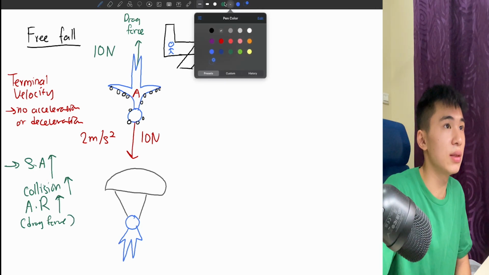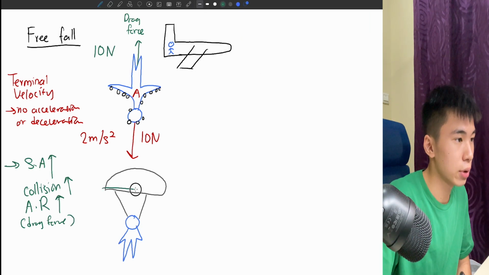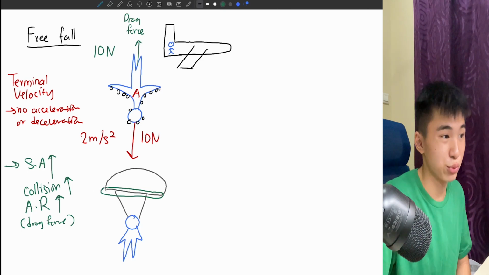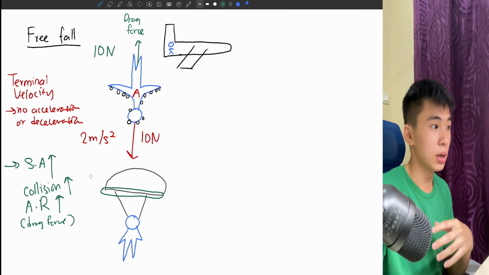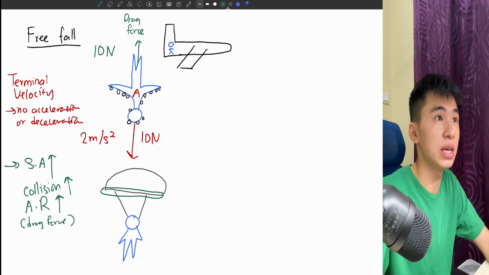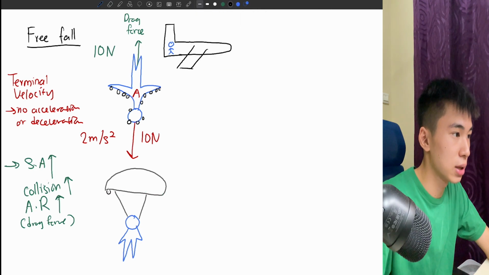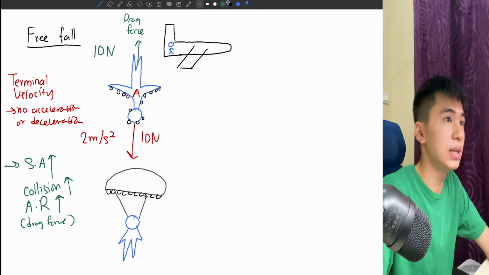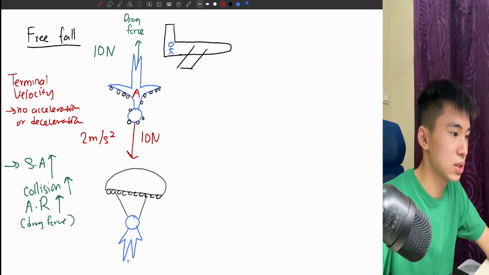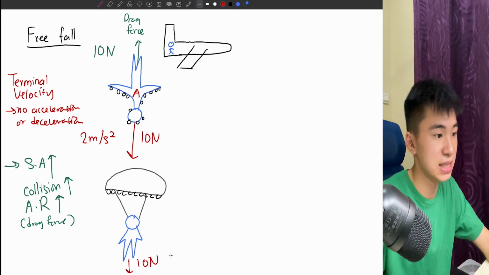As you can see in this case, this parachute has greater surface area, which means it will collide with more and more air molecules like this. And the weight of this guy is constant, which means 10 newtons. It is the weight.